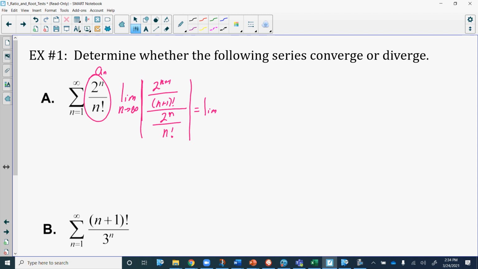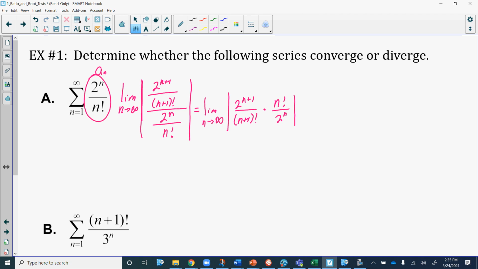What I just wrote down, I usually skip and go straight to what I'm about to write here, where I would say 2 to the n plus 1 power divided by n plus 1 factorial, multiplied by the reciprocal of 2 to the n over n factorial. So that would become n factorial over 2 to the power of n.